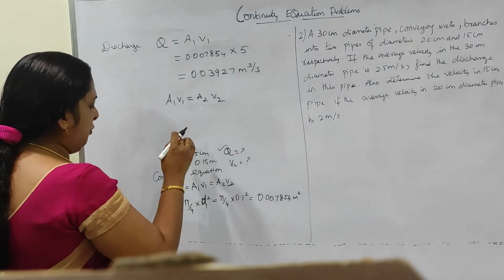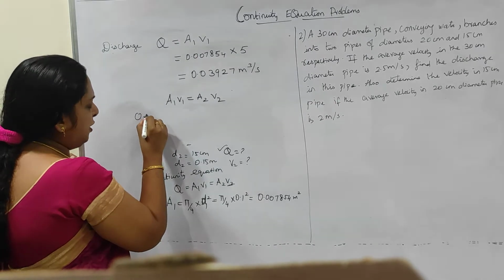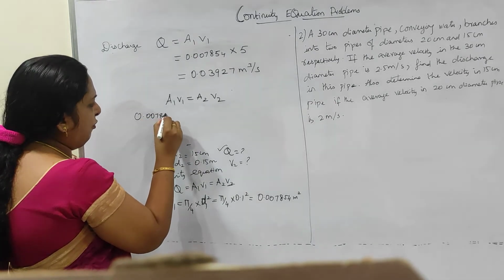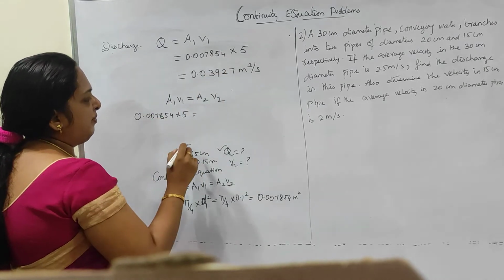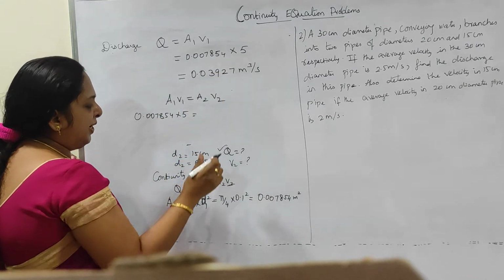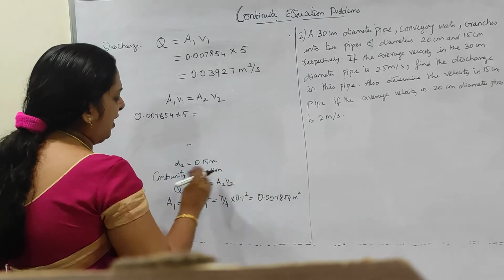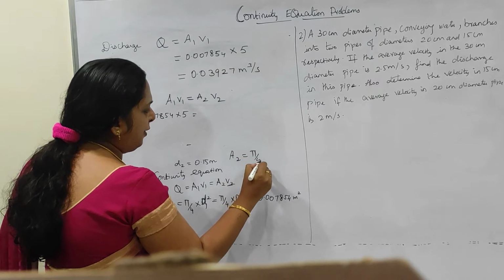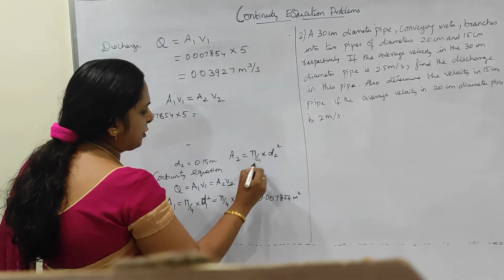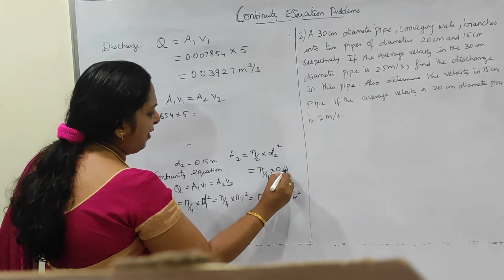So A1 I know, it is 0.007854, and V1 is also known, it is 5 meter per second, which we just found. What is A2? Since the diameter D2 is known, we can easily find A2. A2 is pi by 4 into D2 square, that is the diameter square. So it is pi by 4 into 0.15 square.